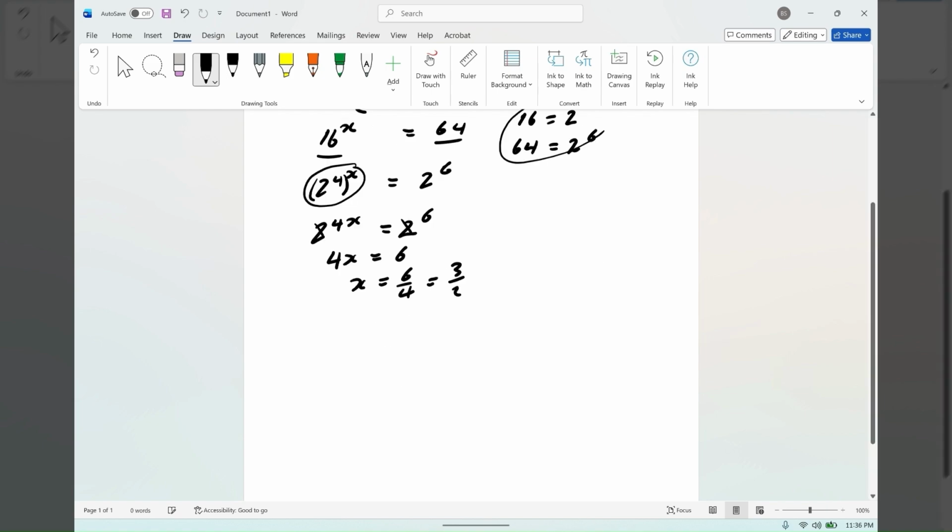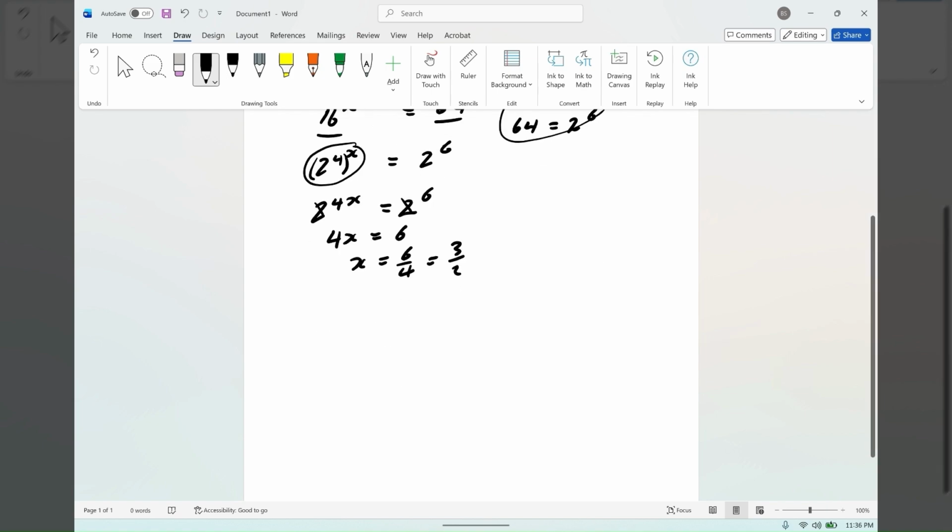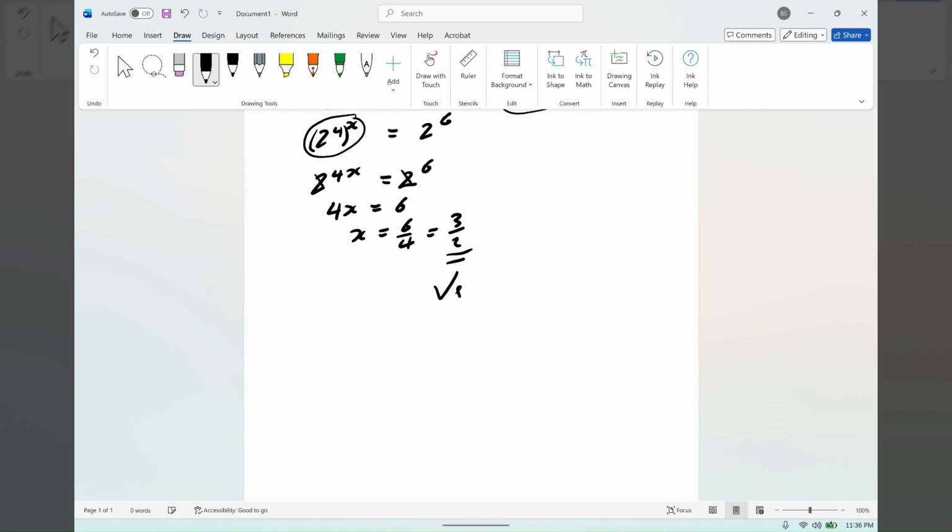Now, we can verify that 3/2 is a valid solution. Well, we have 16^x plus 16^x equals 128.